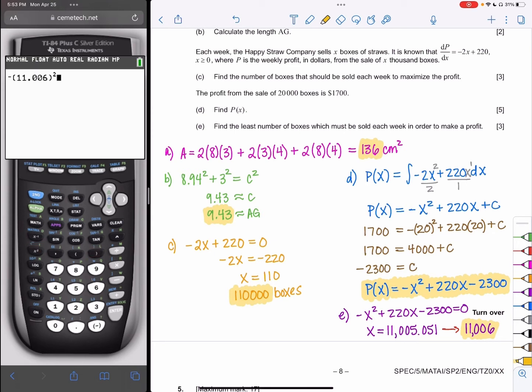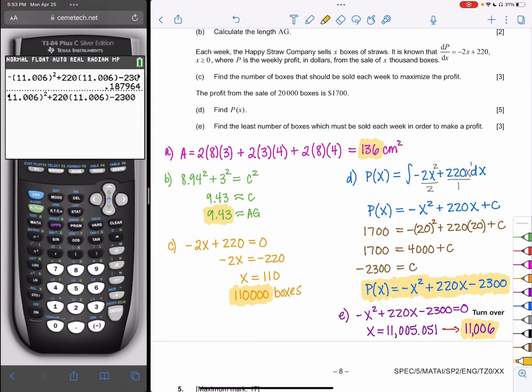Remember, X is already in thousands. And then I will have plus 220 times 11.006, and then minus 2,300. As you can see here, that is a positive number. It's just really small. And I see that I still made a profit. It may not have been much, but I made a profit.